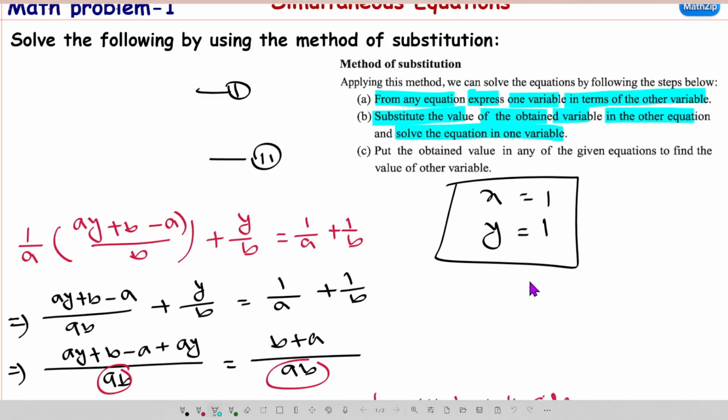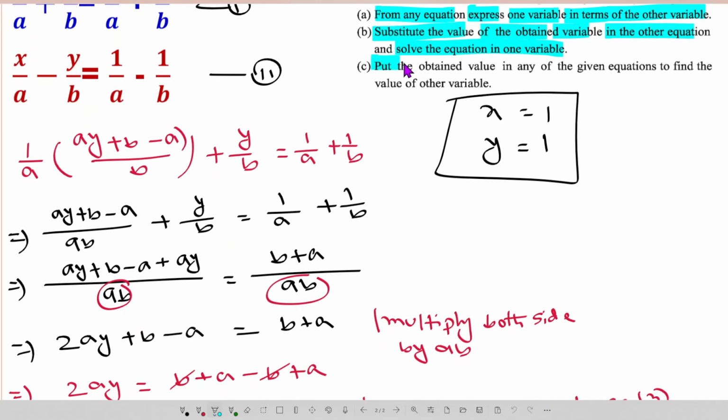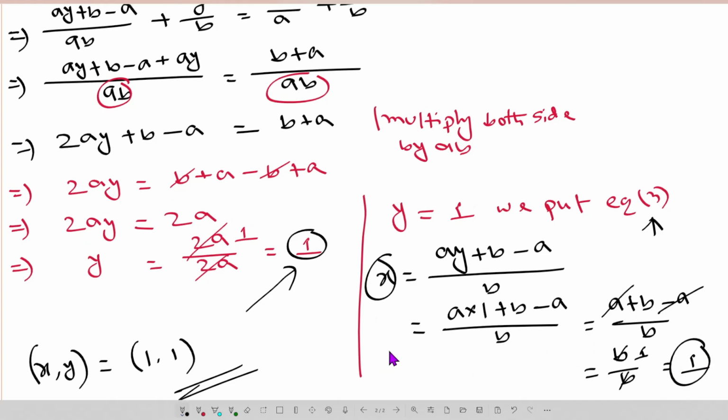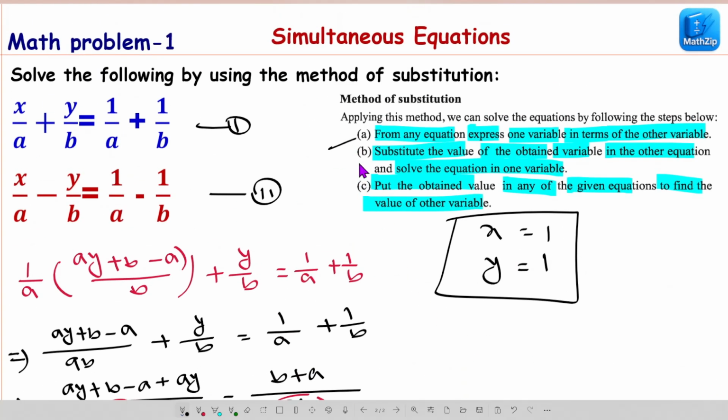And finally, put the obtained value in any given equation to find the value of the other variable. So we get y equals 1, which we put in equation 3, and finally we also get x equals 1. So we followed steps 1, 2, 3, and finally get x equals 1 and y equals 1. I hope this is clear.